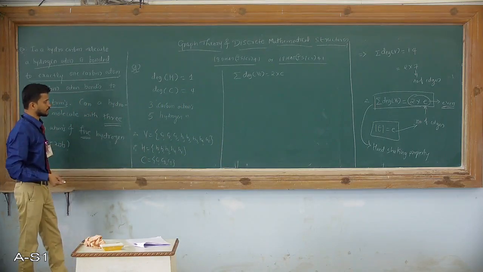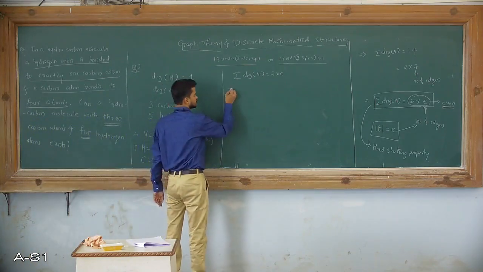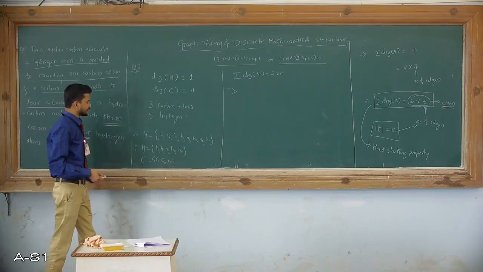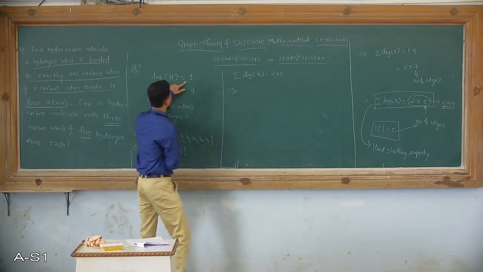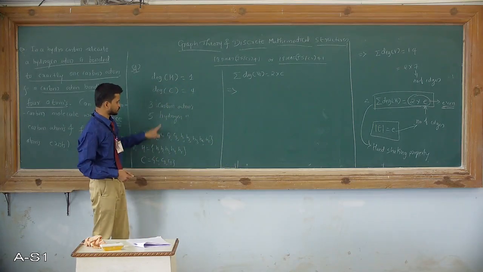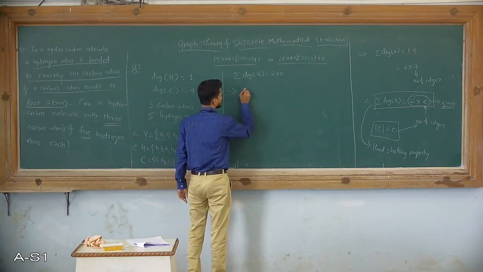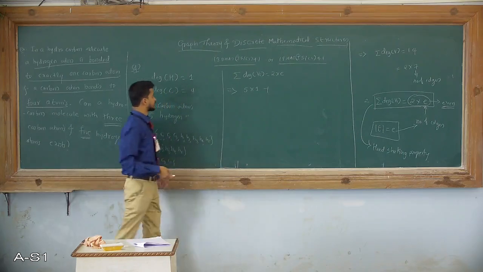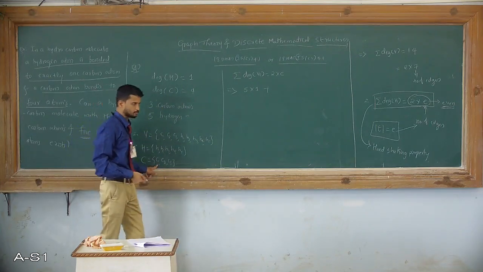There is no data provided about the edges in this question. So the sum of degrees is calculated like this. I will concentrate first on the hydrogen atoms. The degree of each is 1, and the number of hydrogen atoms is 5. So 5 into 1, plus the degree of each carbon atom, 4, times the number of carbon atoms present in this molecule, 3.